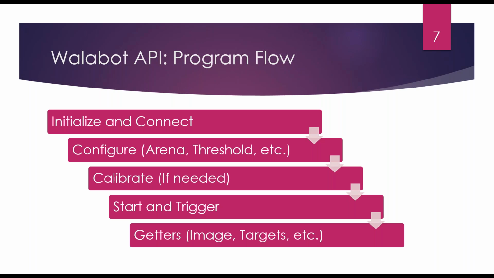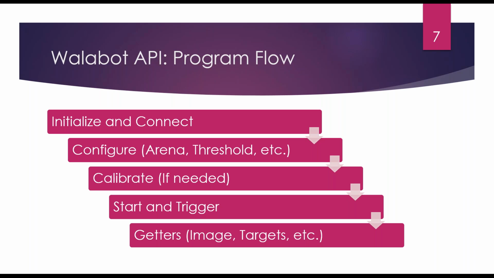So you need to set an arena, basically the size of the room, let's say. So you set up two angles for the Walabot to see, and a radius for how far it should see. Besides that, you should configure other parameters like a threshold and filter type for the image to use and stuff like that. That you need to configure before you start the Walabot.